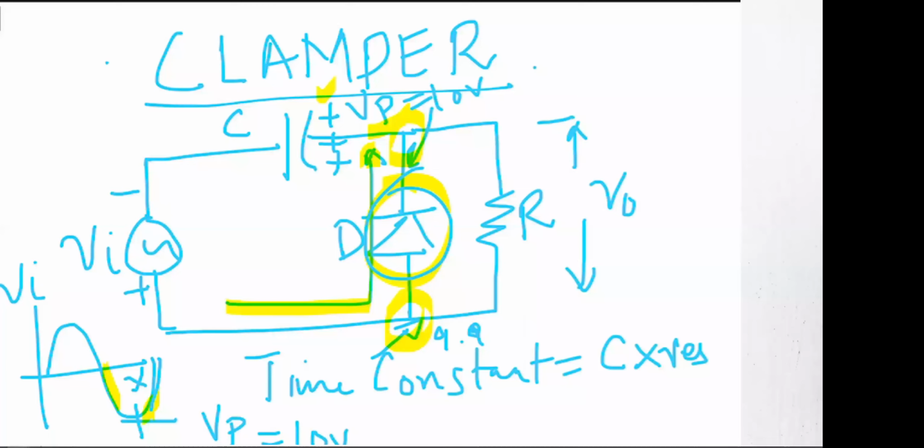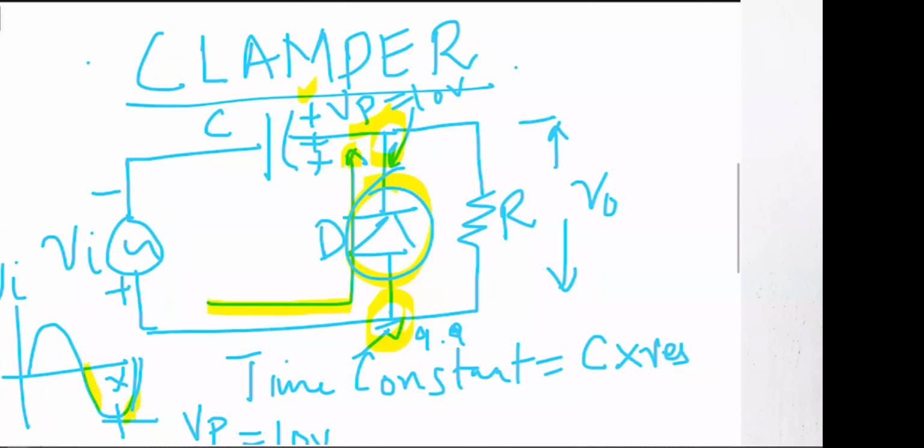So we were at the point when the diode became reverse biased, right? Once the diode became reverse biased, the circuit will look like this. Let me redraw the circuit.